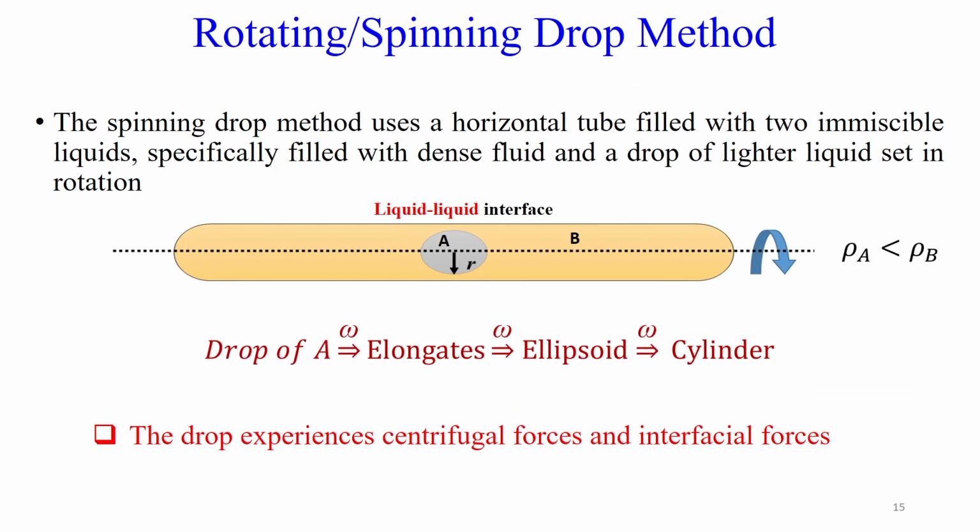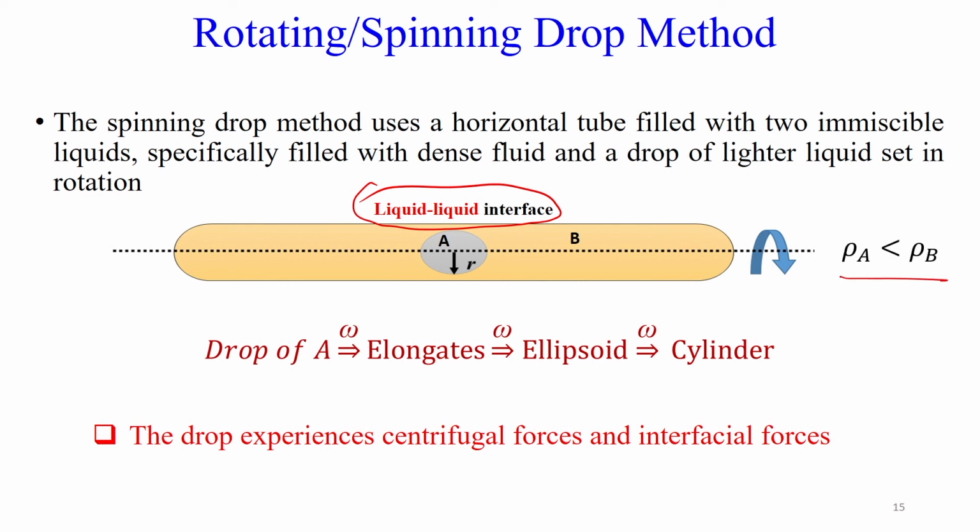So, the next method is the rotating or spinning drop method. In this method you have a horizontal tube which is filled with two immiscible liquids. Mostly it is used for measuring the liquid interfacial tension. It has two immiscible liquids, but here there is a difference in density also.